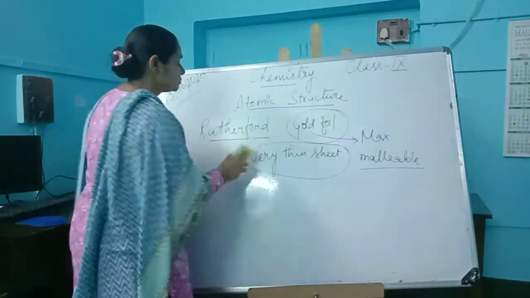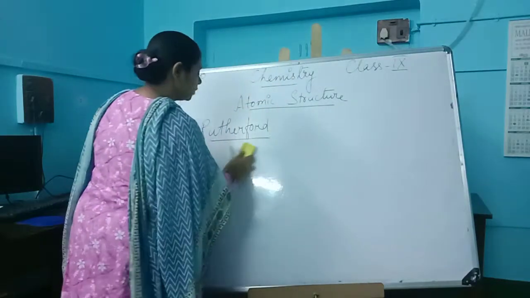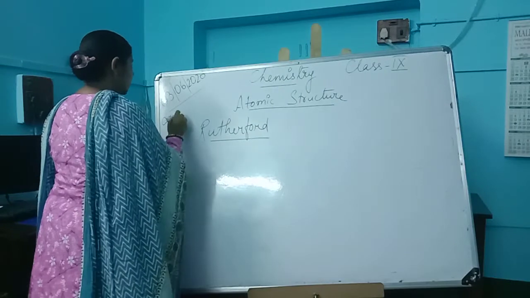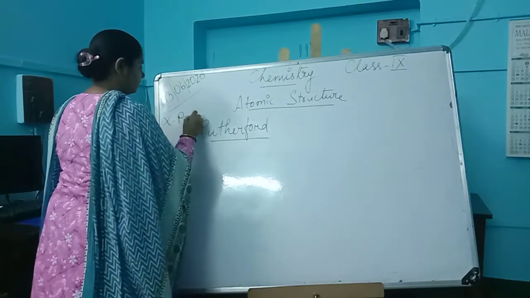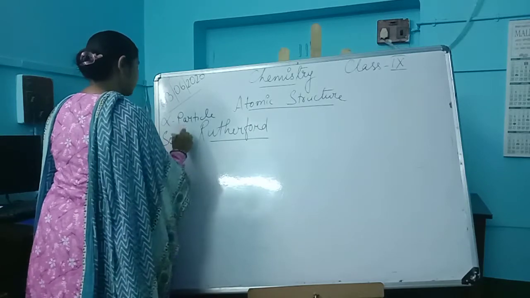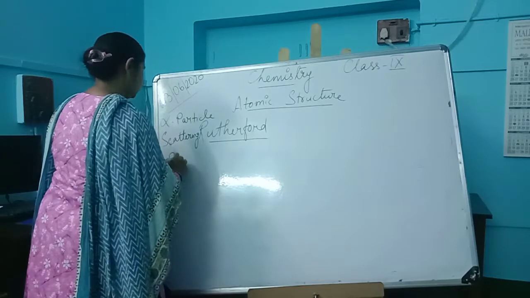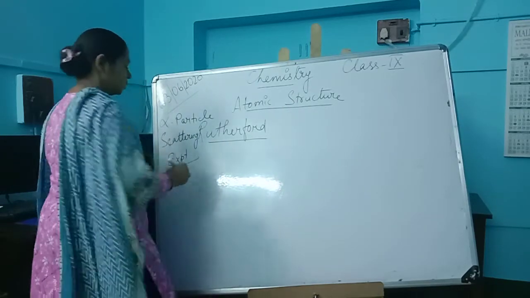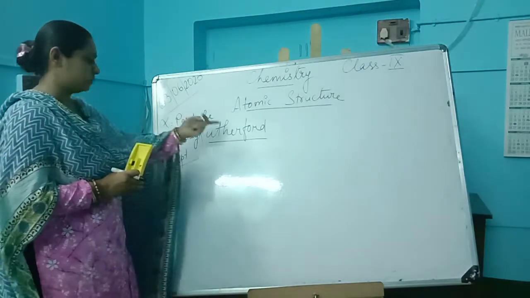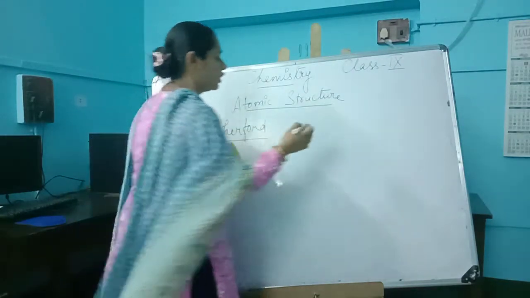Now let us move on to the experiment that Rutherford has done. We name the experiment the alpha particle scattering experiment. To move forward with it, see, what he did was he took a gold foil.